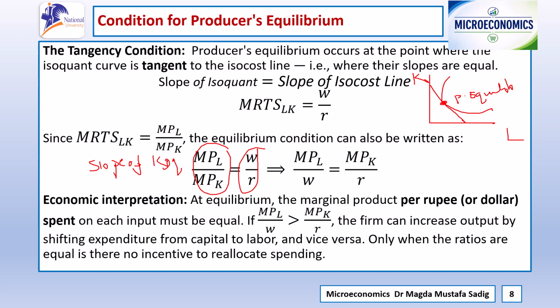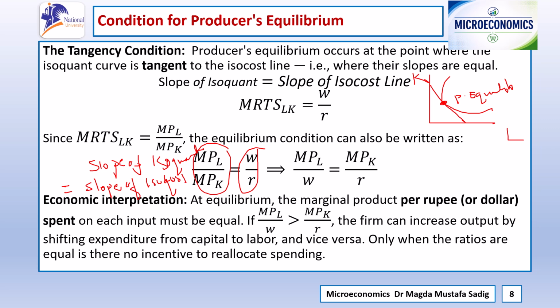So when the slope of the isoquant equals the slope of the isocost, we will have equilibrium.